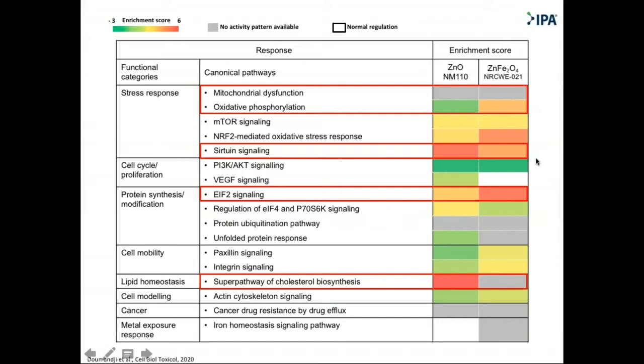For serotonin signaling, which is involved in inflammatory response and stress response, both are upregulating, as well as EIF2 signaling, which is related to endoplasmic reticulum stress, ER stress, which is upregulated. We also get some interesting results with zinc oxide, which is activation of cholesterol biosynthesis, probably due to large proliferation of the cells.